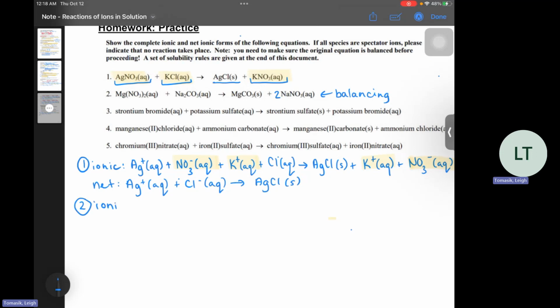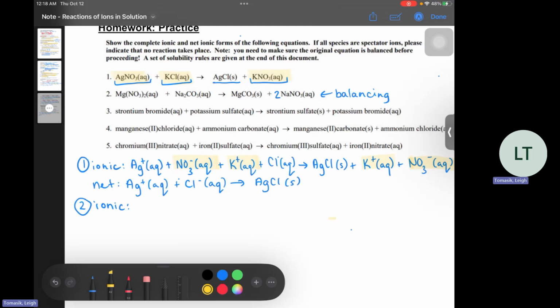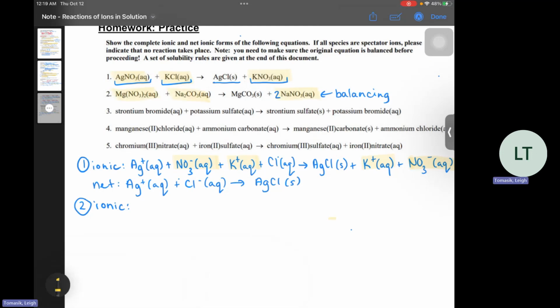Let's come up with an ionic equation, a total ionic equation. So anything that is aqueous gets turned into ions. So we have Mg2 plus aqueous plus 2NO3 minus aqueous plus 2Na plus aqueous plus CO3 2 minus aqueous arrow.